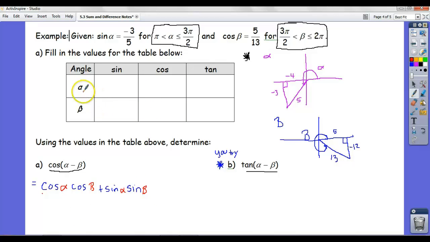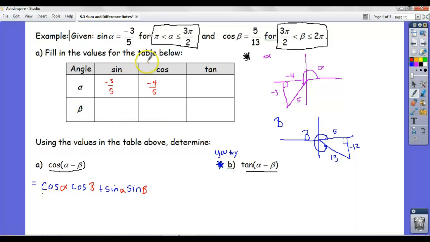So I have my angle alpha. It doesn't look quite like an alpha, but it's supposed to be alpha. And so what is the sine of alpha? Well, that's what we were given, so we can just put negative 3/5 here. Cosine of alpha, well, I'm just going to go to my picture here. Cosine is negative 4 over 5. And it doesn't look like tangents are needed in this problem, so I'll leave them out.